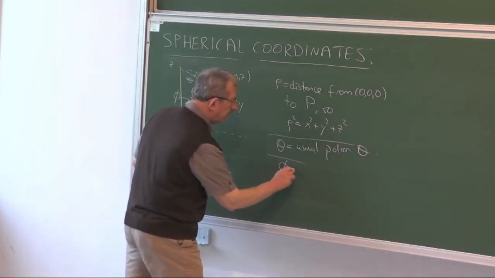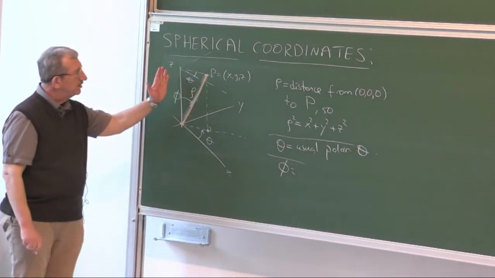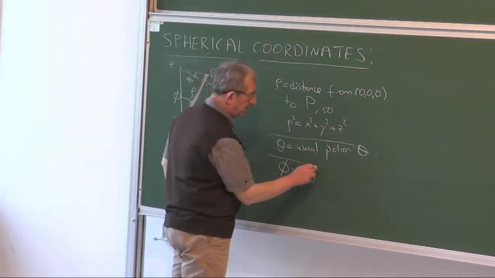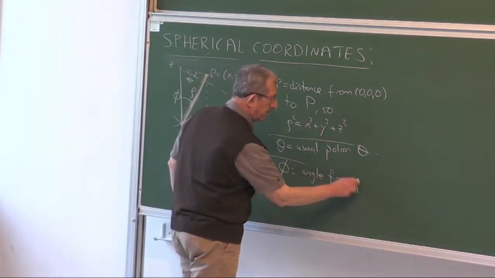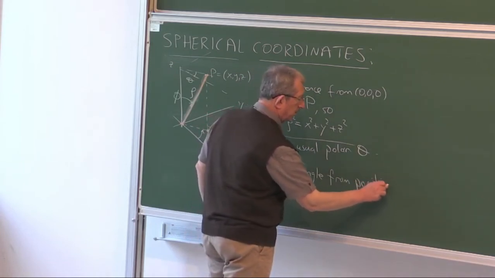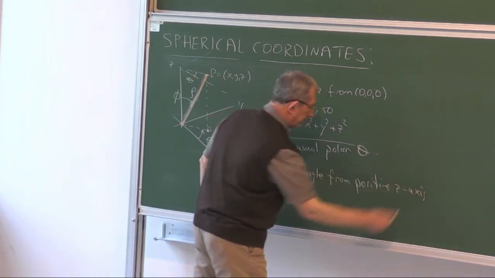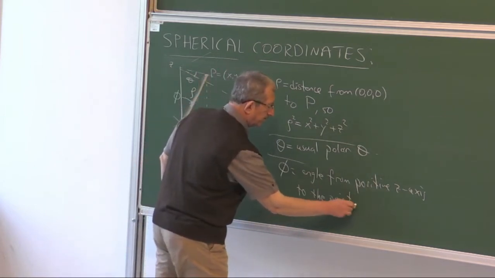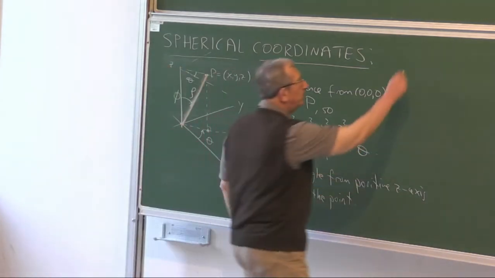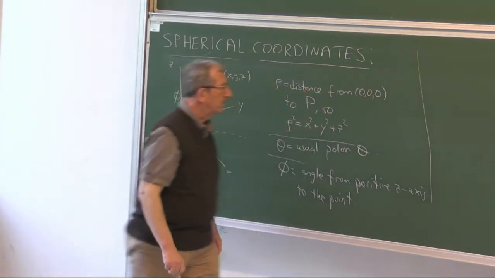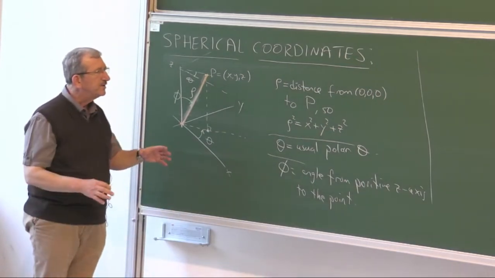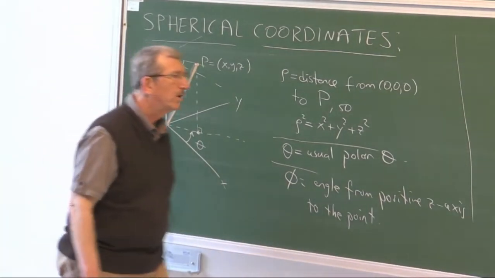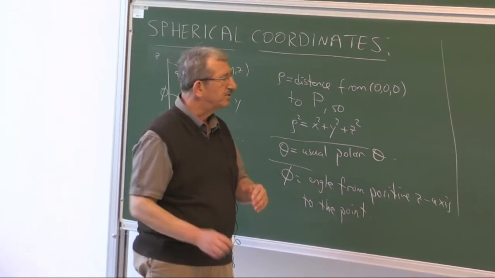Now, phi is the angle measured from the positive z-axis to the point. This will be best understood if we look at what happens if one of these is constant, as we had discussed before in cylindrical, polar, or Cartesian systems.